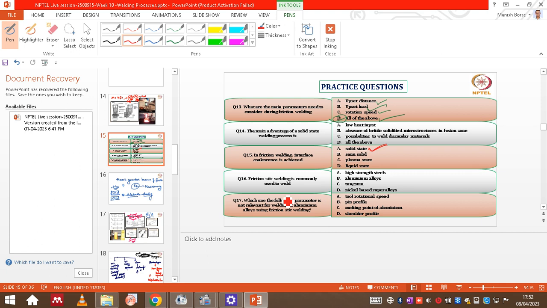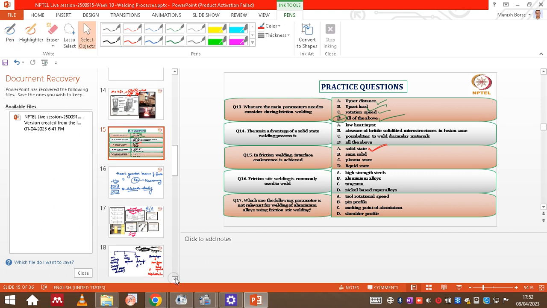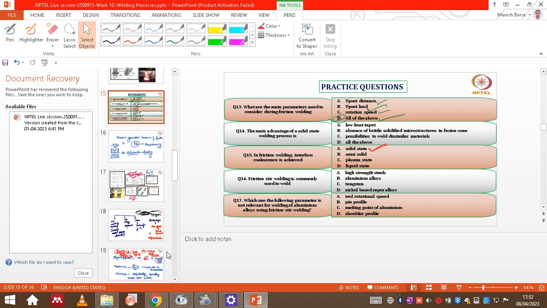Another two questions are related to friction stir welding, which we will see in the next live session. But for today, we can discuss some more about the disadvantages of fusion welding processes over conventional solid state welding processes, right?